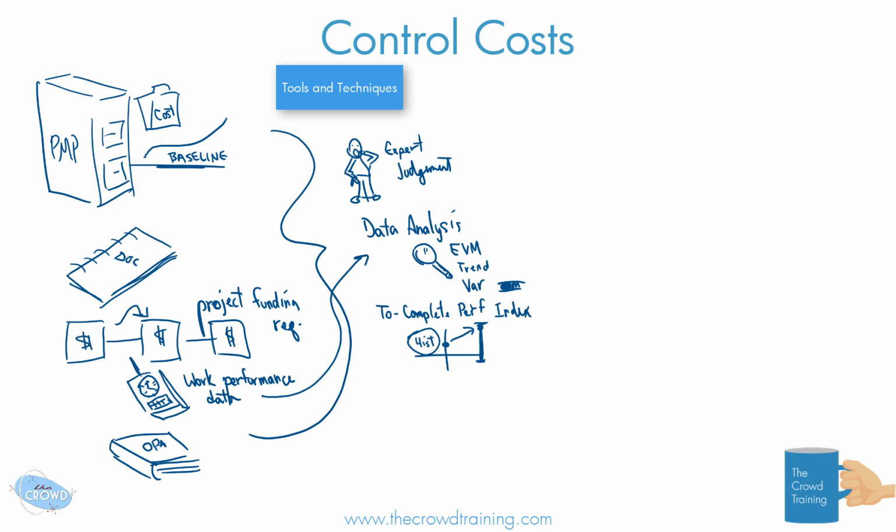At what clip or what rate should we work to get there? If we're going to get from point A to point B, what is it going to take to enable us to get that? And that's another reference point or another tool that we're going to be using to help us determine how best to control or what actions we need to take in order to reach our objectives.